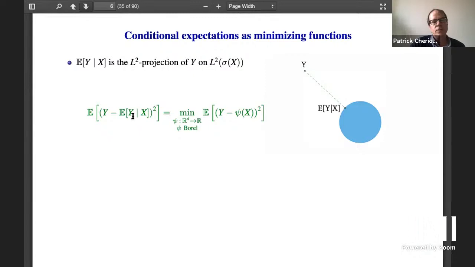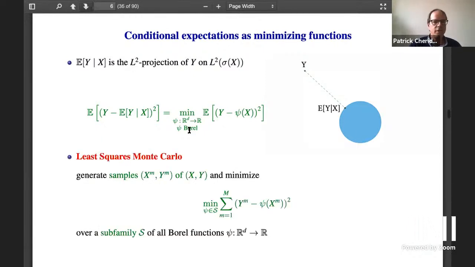Okay, so the conditional expectation minimizes this expected square distance here, where in theory the function psi is going over all Borel measurable functions psi from R^d to R. Since in practical applications you will not be able to evaluate this expectation explicitly, you're going to generate Monte Carlo samples of the pair (X, Y), and minimize this empirical mean square distance.